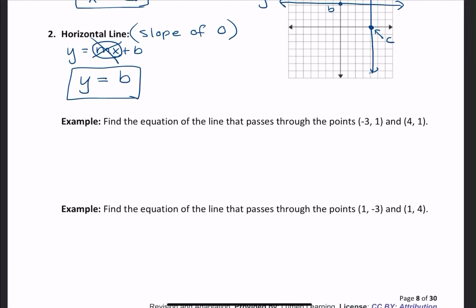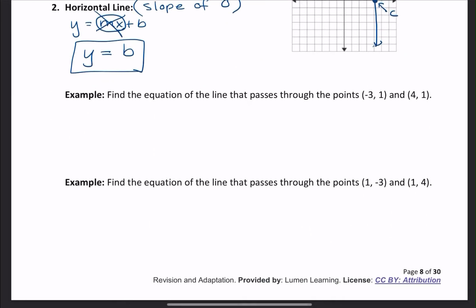So look at these two examples. Before we do anything, I just want you to look at the points. If you notice these 2 points, your y values are the same. So just like before, if I had 2 points, I've got to find the slope first.